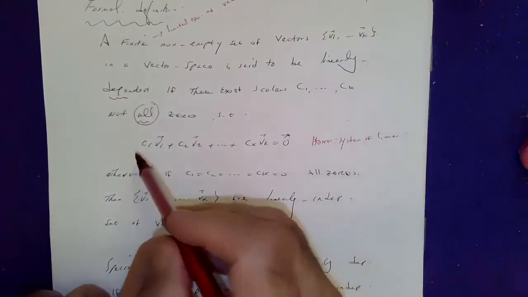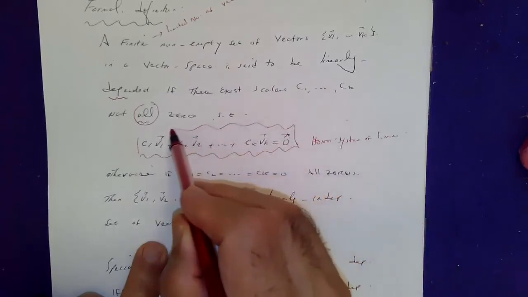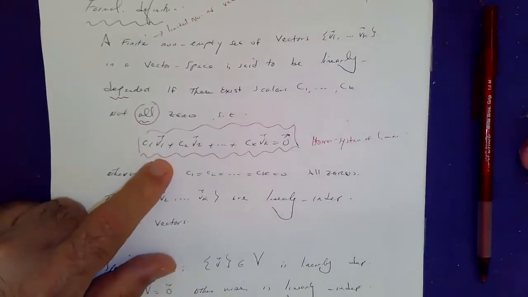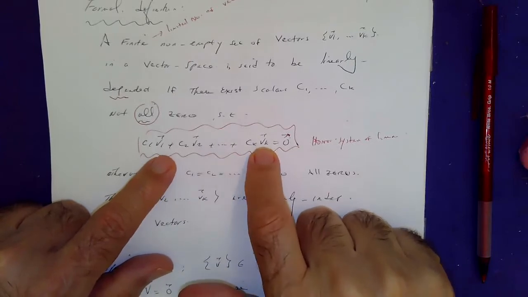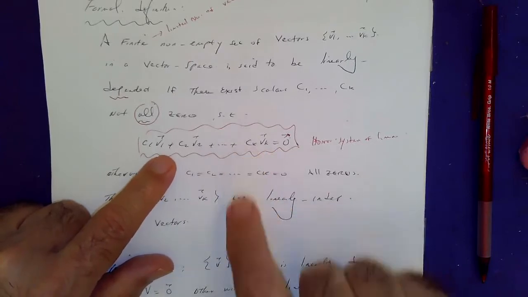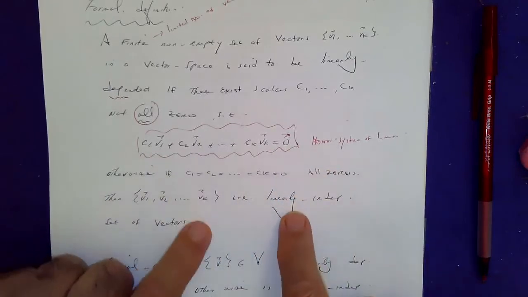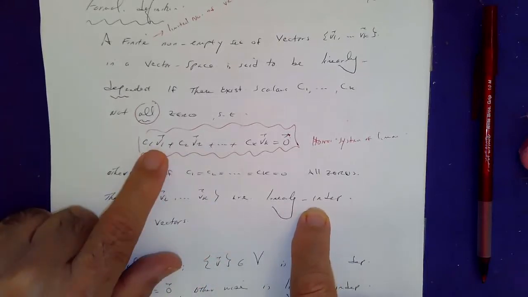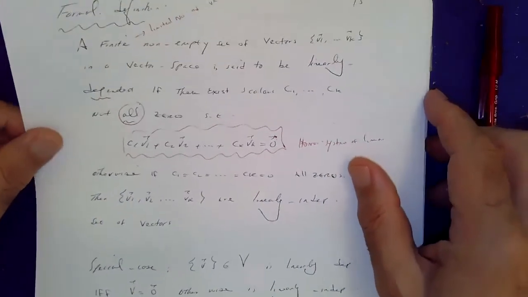So remember, first we gotta form this homogeneous system of linear equations, and the unknowns will be c1, c2, all the way to depending on how many vectors you got in the problem. If the solution happens to be trivial, meaning 0, 0, 0, 0 is your only solution, then the vectors are said to be linearly independent. Otherwise, all it takes is for one of these c's not to be 0, and in that case, the vectors are said to be linearly dependent.